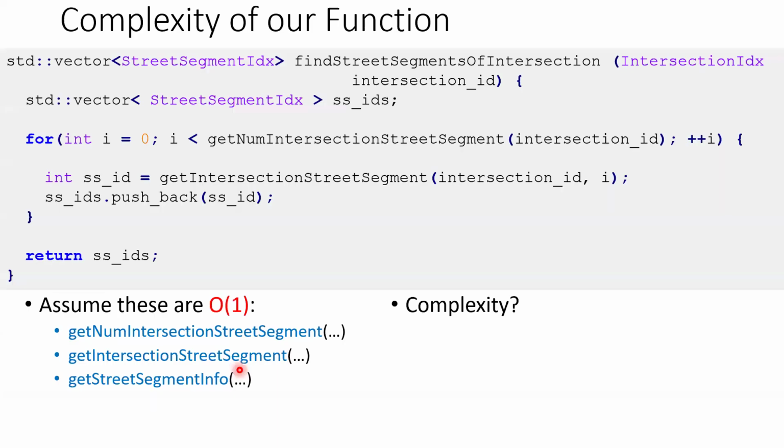For our implementation, assume the get functions to the streets database API are all O(1). What's the complexity of this function? O of n, and what's n?